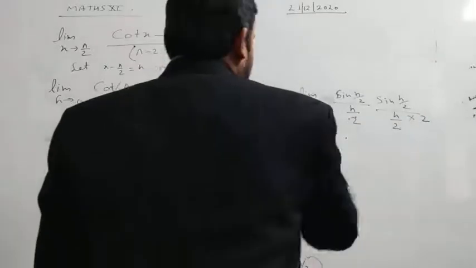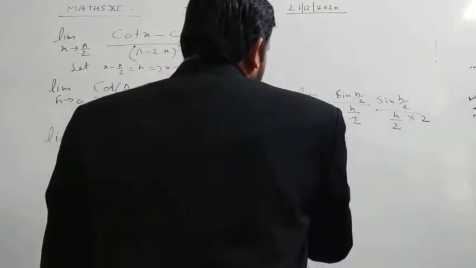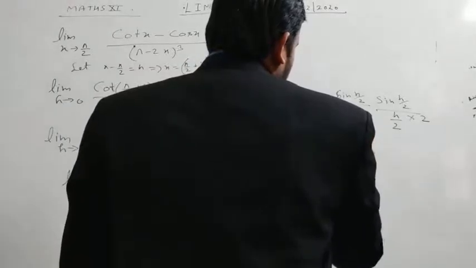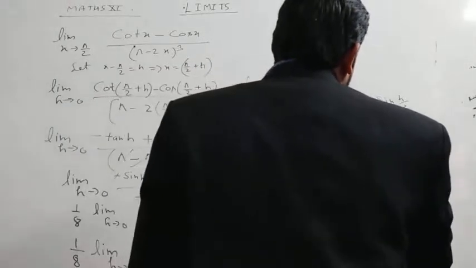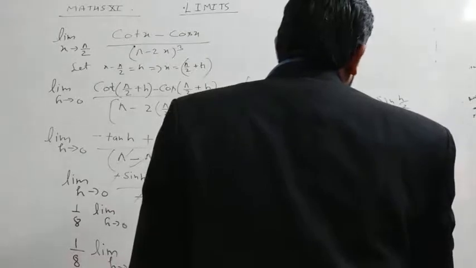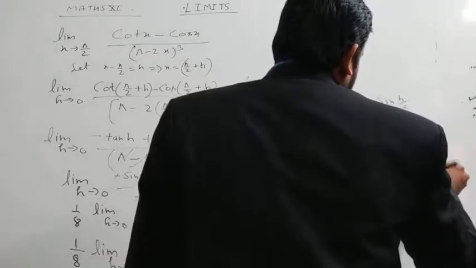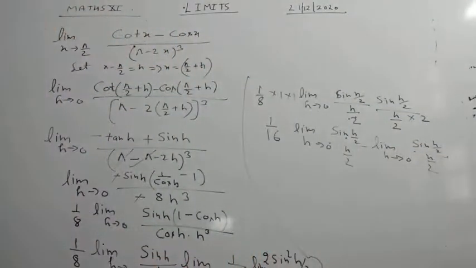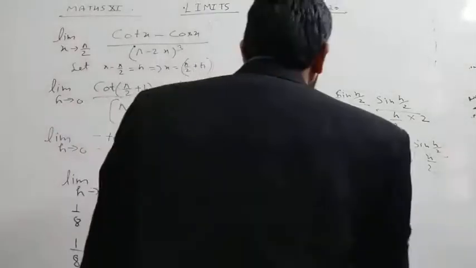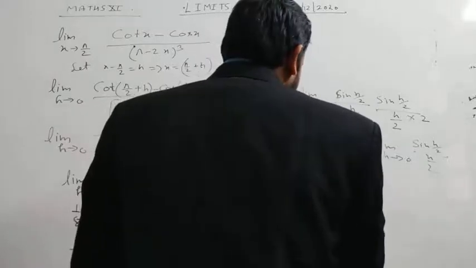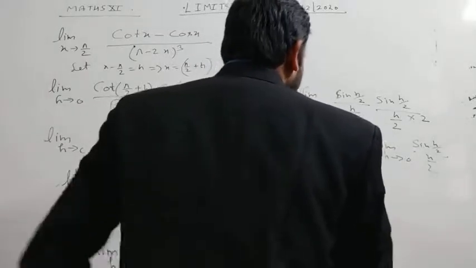So we get 1 by 16, limit h tends to 0, sin h by 2 by h by 2, again limit h tends to 0, sin h by 2 by h by 2. Okay students, now this is 1 by 16, this is 1, this is 1. So the solution will be 1 by 16.